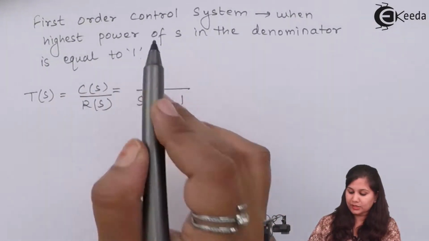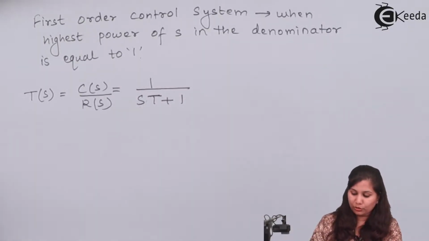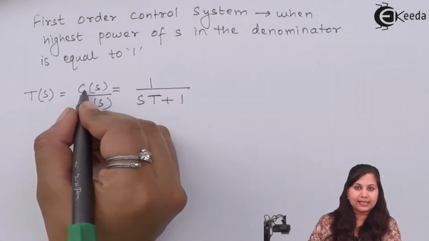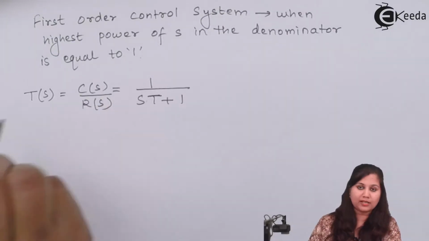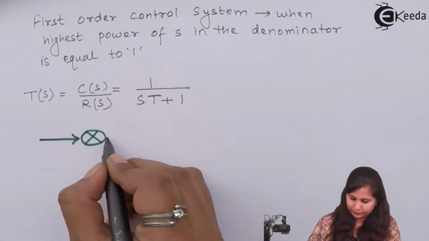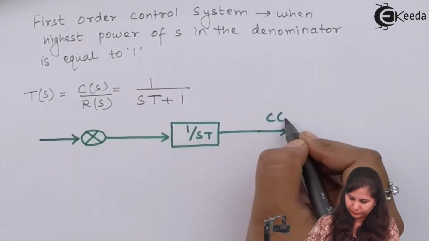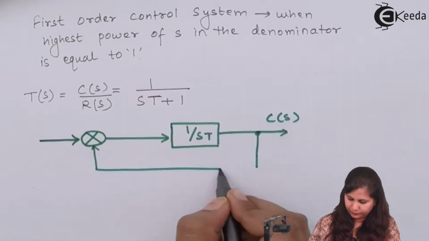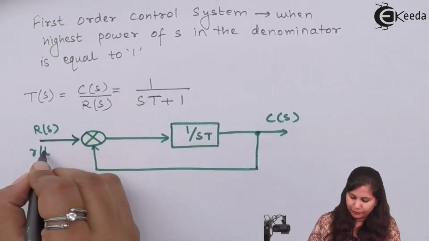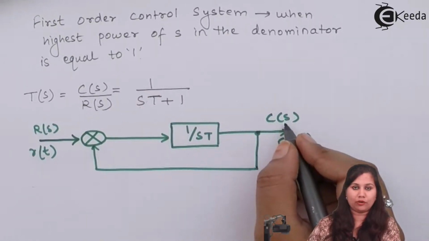You can see that the highest power of s in the denominator is equal to 1. Now if we draw the block diagram for it, R(s) is our input and C(s) is the output. These are the Laplace transforms of the input and the output. The input signal is r(t), the output is c(t), and C(s) is the Laplace transform of it.